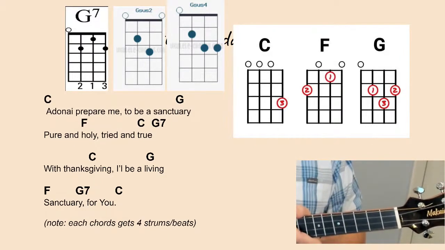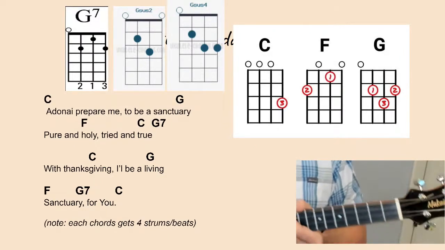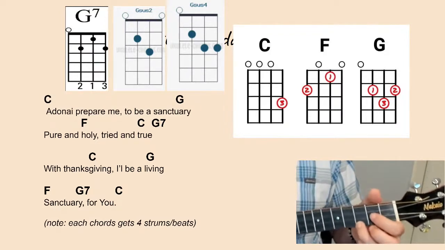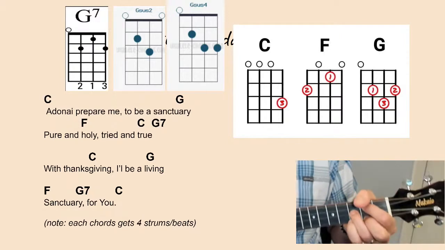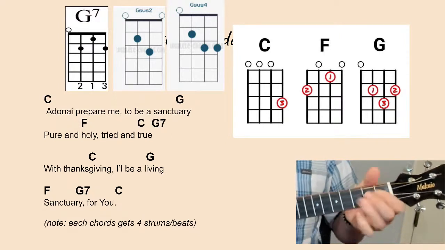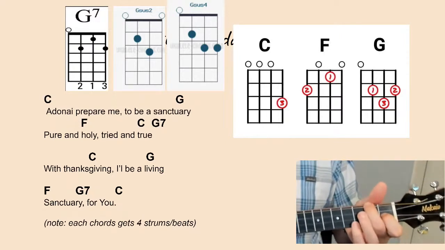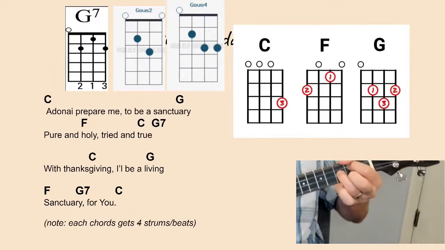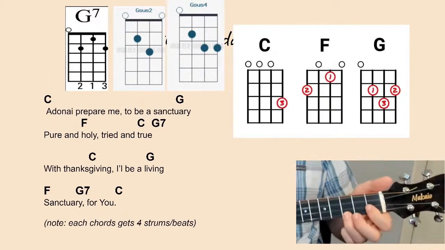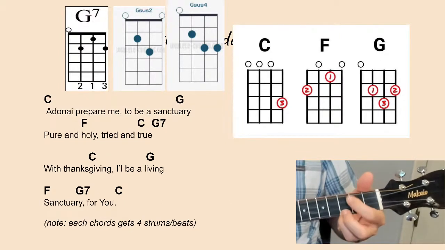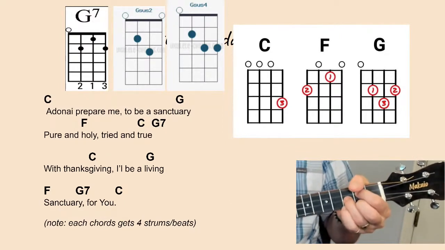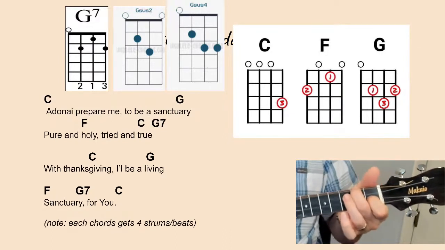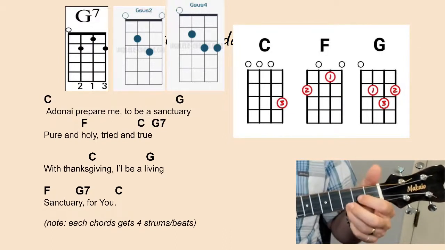Okay. Let's keep going. Adonai, prepare me to be a sanctuary, pure and holy. When you come to those G's, try out the suspensions. Tried and true with thanksgiving. I'll be a living sanctuary for you.